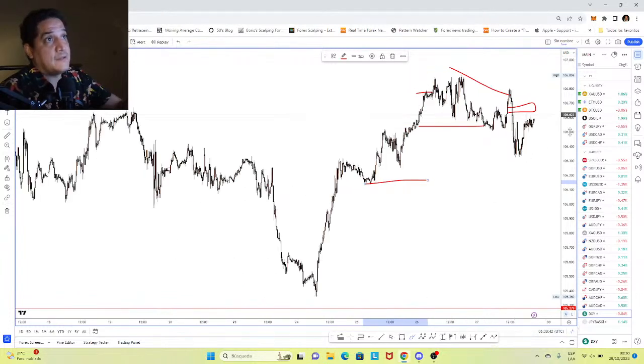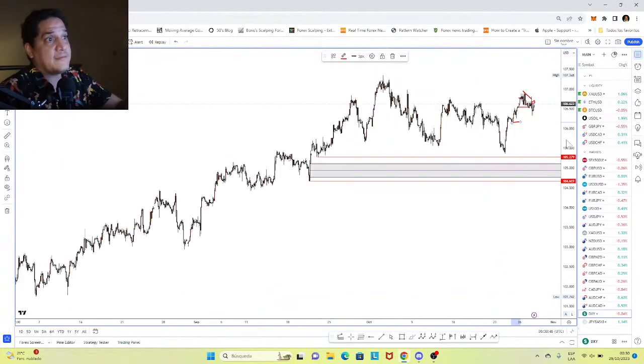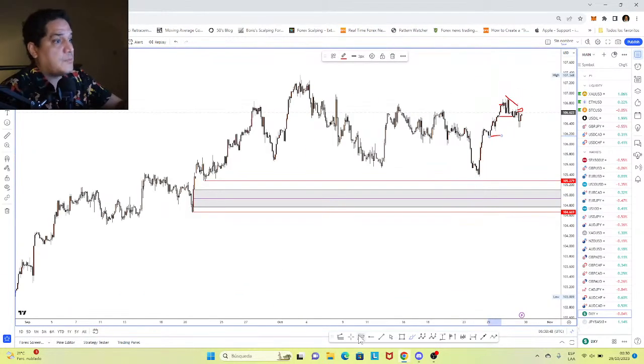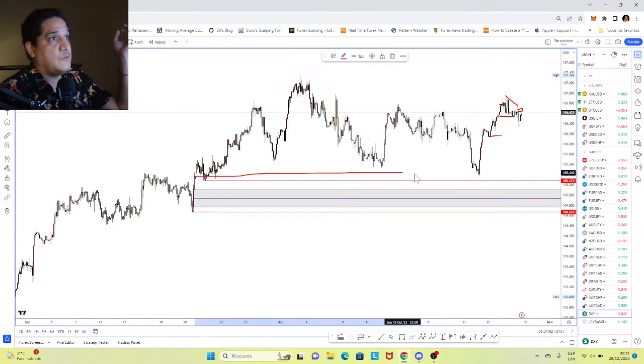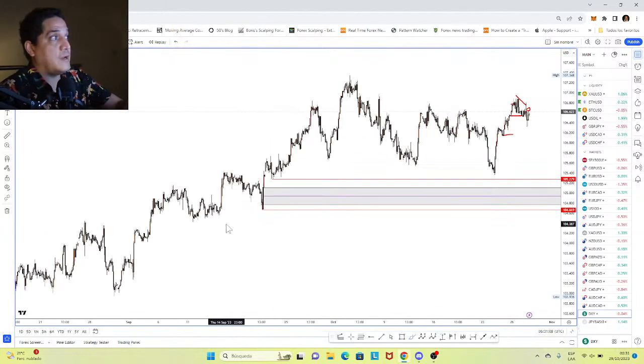And if this plays out, let me go back to the 2-hour chart. If this plays out, I would expect these lows, last week's lows, to get swept and price just coming towards this zone and starting the new bull run. So basically what I'm telling you here, guys, is that all I see here are very weak buyers in the market trying to get in on the trend.